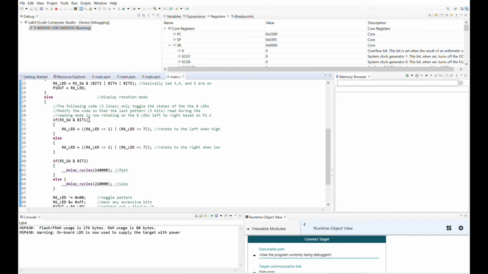And in here, we are focusing on the bit 1, which is the switch left of bit 0, which was at the very right side of the switchboard. This code right here is telling us that we're going to rotate to the left when this bit 1 is high. So when this bit 1 is high, we're going to rotate to the left.